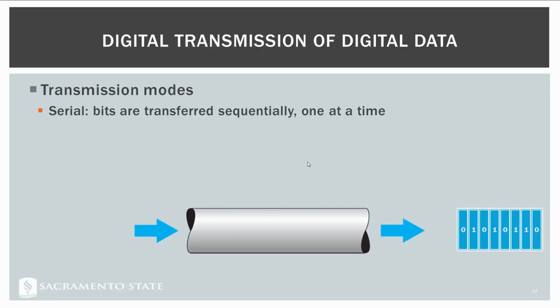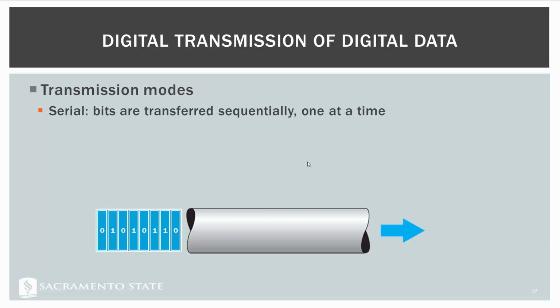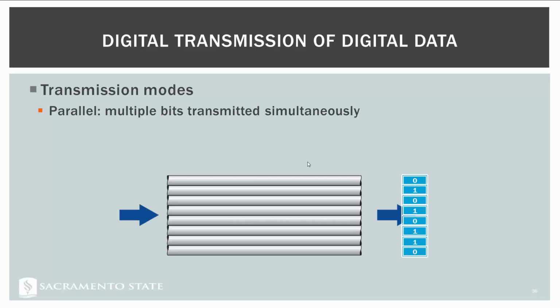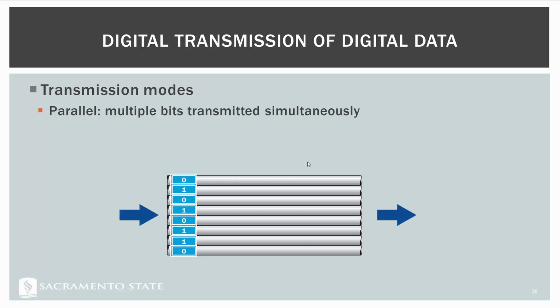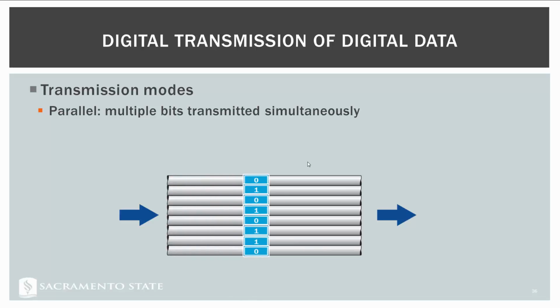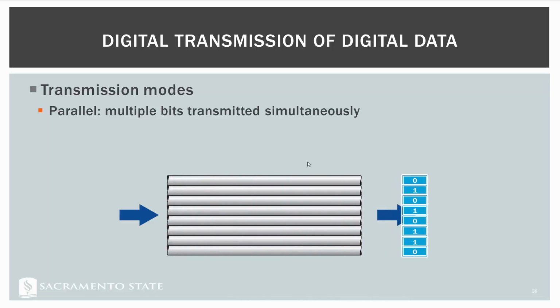Why might that be? Well, as it turns out, when we start ramping up so that each of these time periods is in the millionths or billionths of a second, it's really hard to keep these in sync. Because what happens if one of those wires gets out of sync with the others?